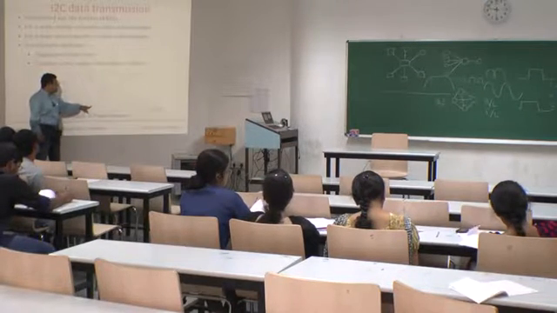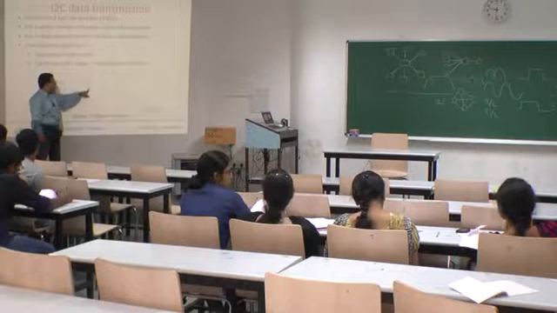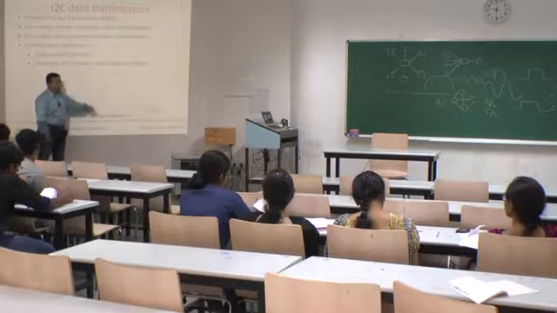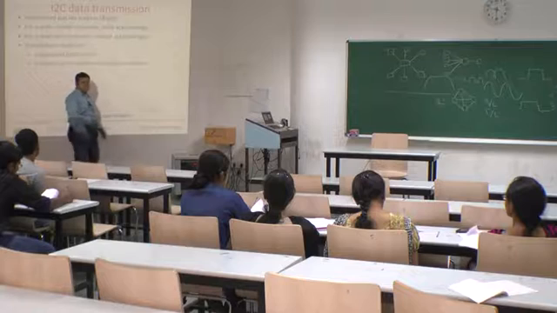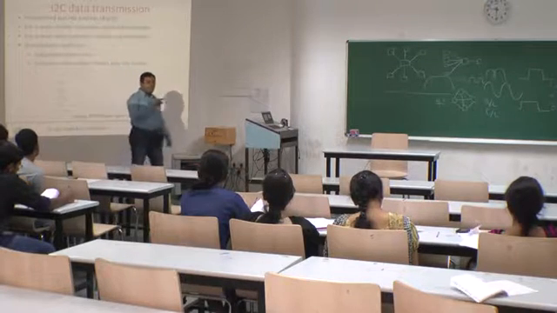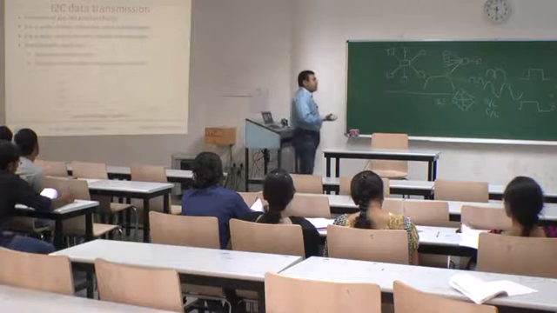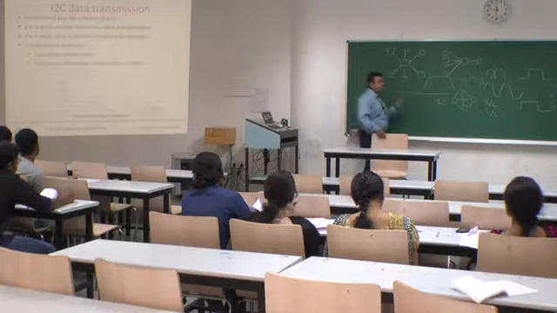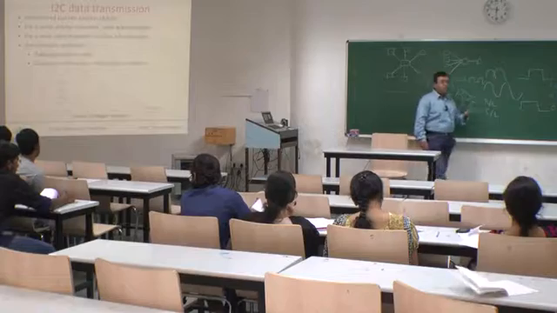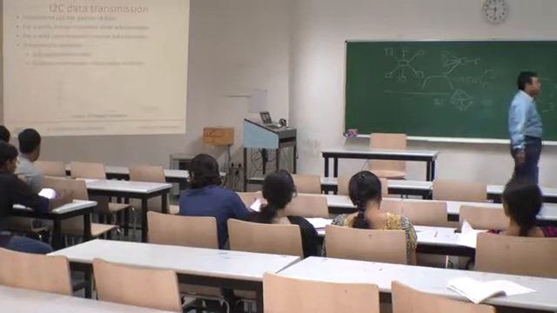When the clock SCL is at logic low, then and only then you see this interchange of data. On the rising edge of the clock signal you sample the data, or sometimes we also sample the data when the clock is at logic high.